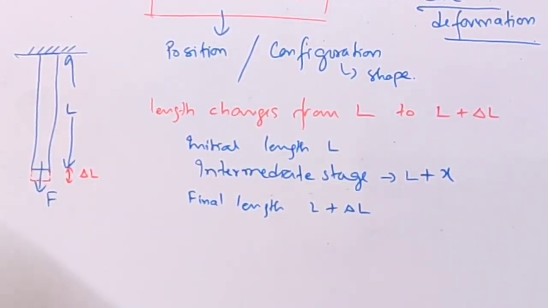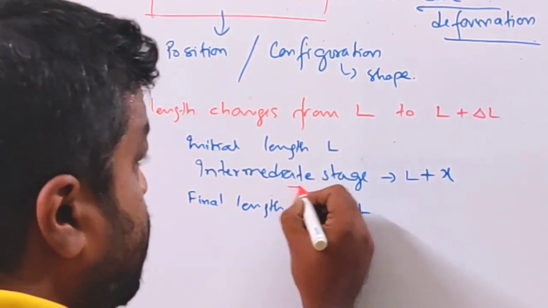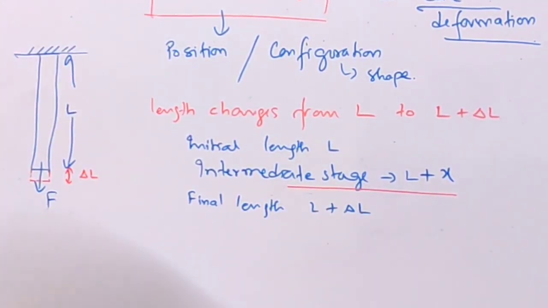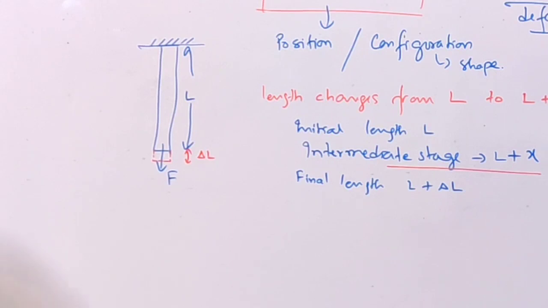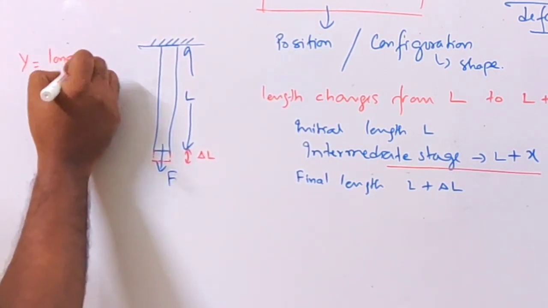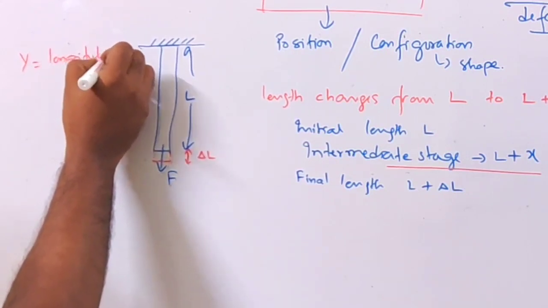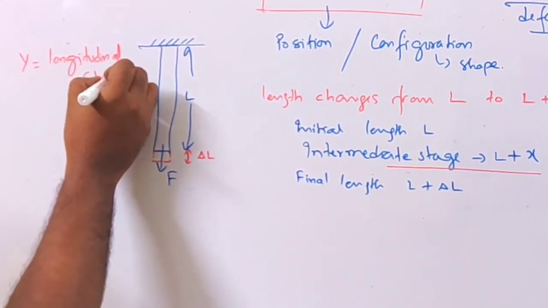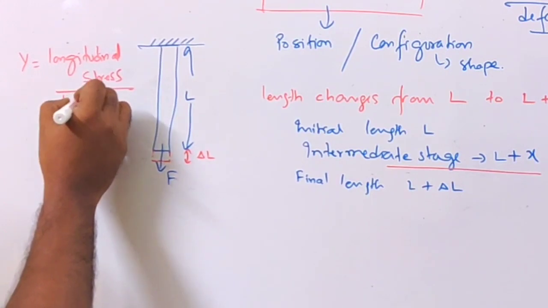For this intermediate stage, we know that Young's modulus is the ratio of longitudinal stress divided by longitudinal strain.